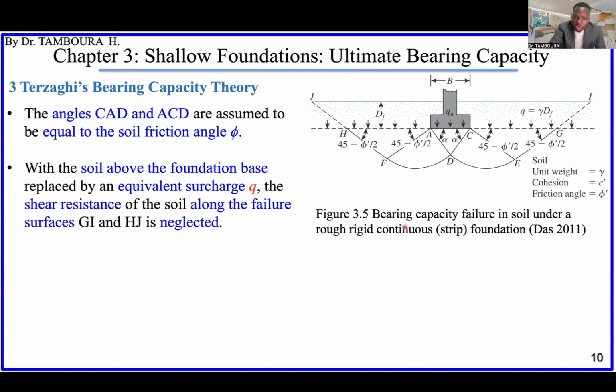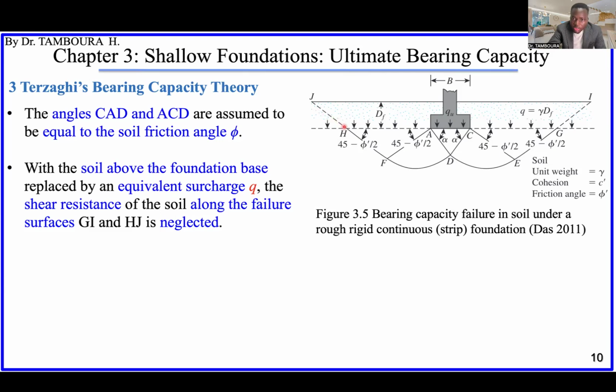The shear resistance of the soil along the failure surfaces, for example, GJ. We have G here, J here. Okay. We just suppose that it will extend like this linearly, but actually we can also neglect this.